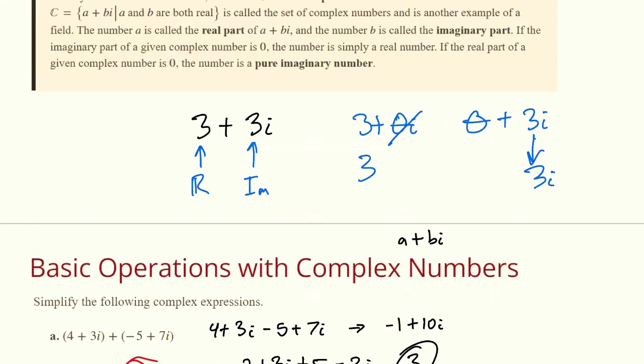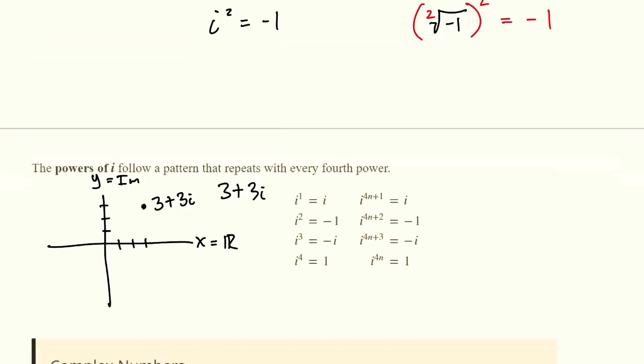This one right here, remember, i to the 168th, that is why you have that formula there. Remember, divided by what? 4. Exactly. You take 168 divided by 4 and look for the remainder. Whatever the remainder is, find it in one of these little sections right here.